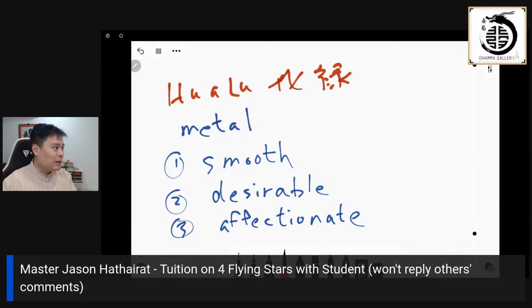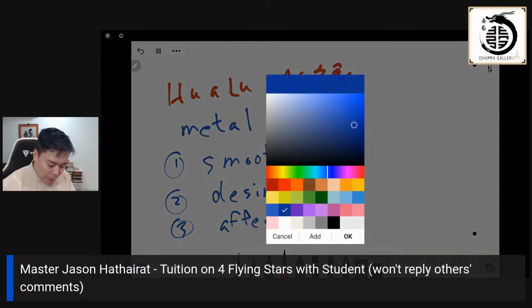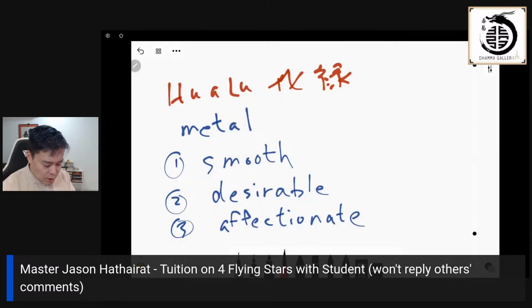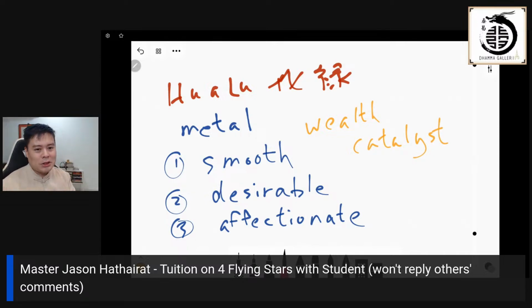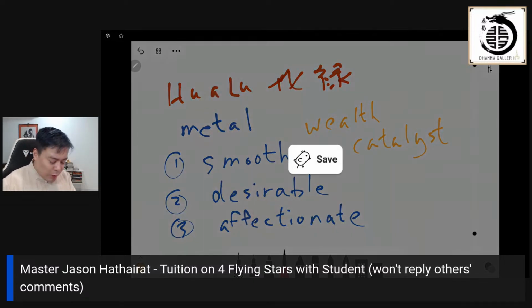Such is one of the characteristics of 化禄. Not that difficult. In case other people don't know what 化禄 is, this is the wealth catalyst. It usually indicates financial success, financial resources, abundance of wealth, etc. Quickly run through with you.